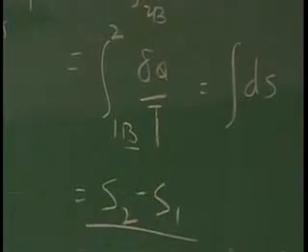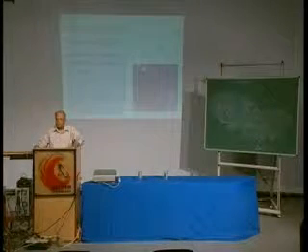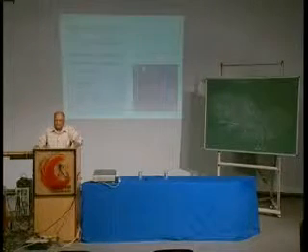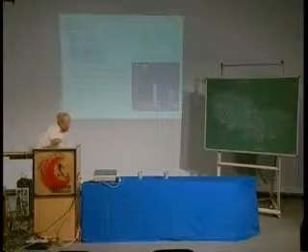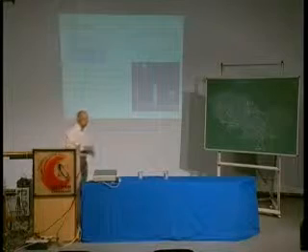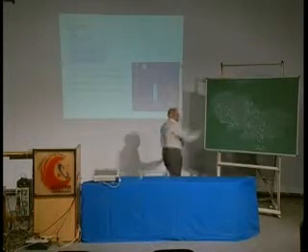So, we could define another property using the second law of thermodynamics, which is termed entropy, and this entropy would represent a particular phenomenon in thermodynamics, and a TS diagram would represent the heat transfer during a particular process.